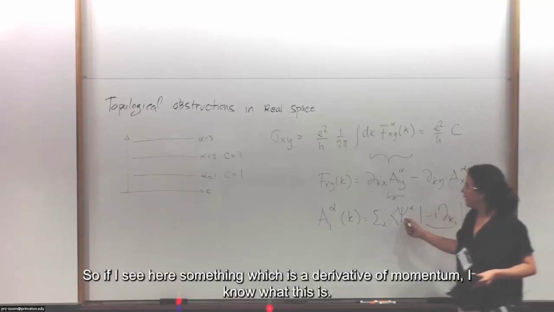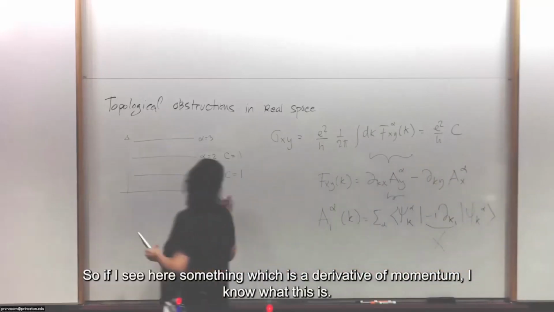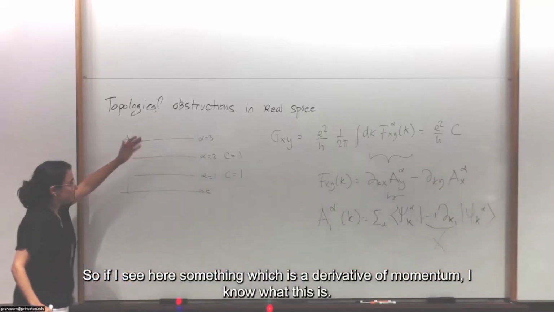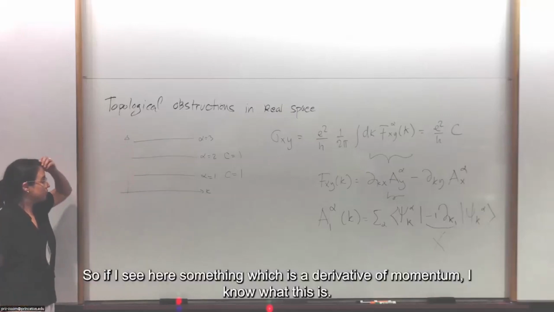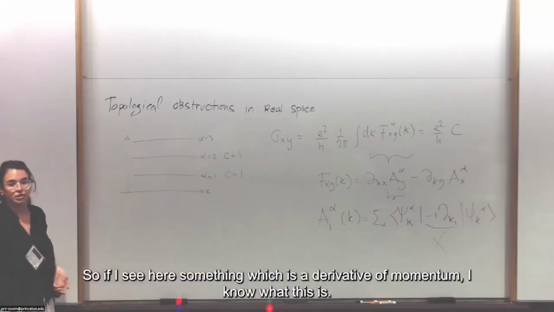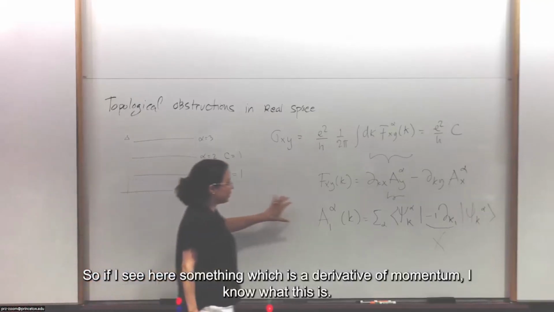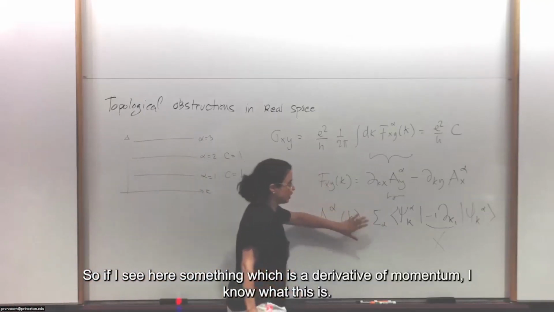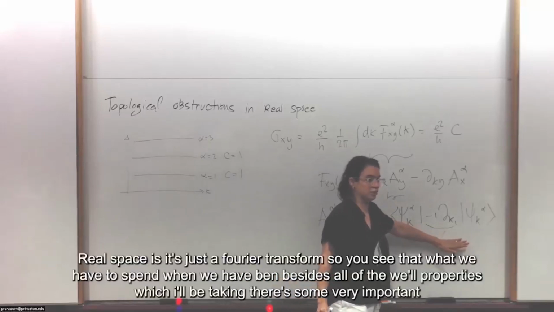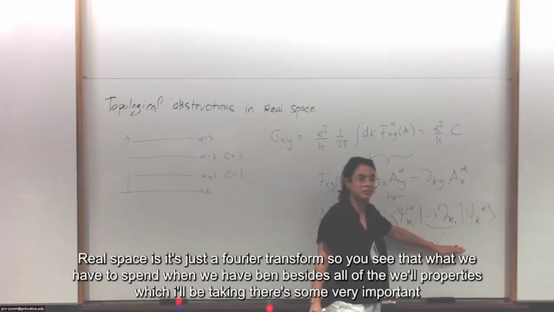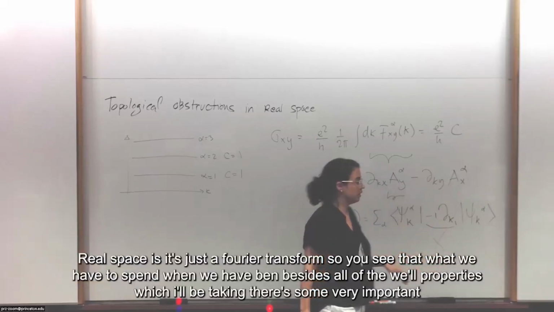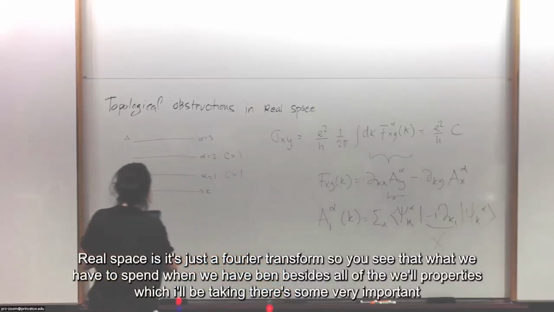So you see that when we have these bands, besides all of the properties which are dictated by symmetry operators, there's some very important contribution which has to do with how the position operator behaves in the space of the band, so projected into the space of the band.